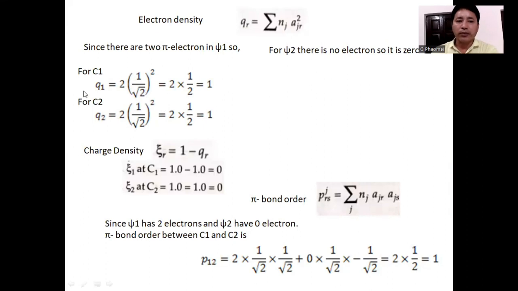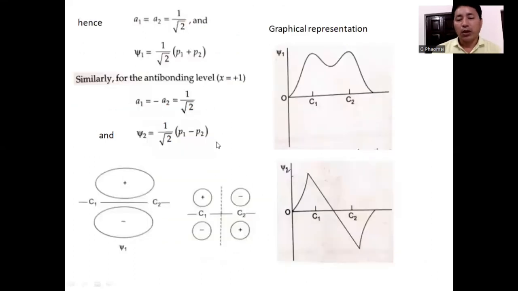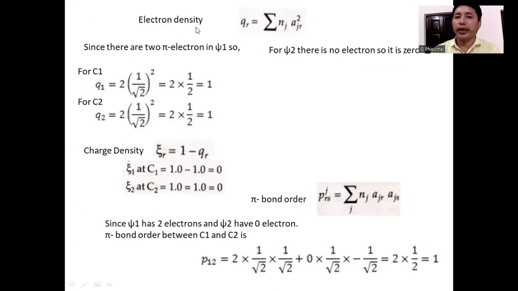So like this, we can determine the electron density. If you know the electron density, we can determine the charge density, that means 1 minus Q. And pi bond orders we can determine from this wave function. So from this Hückel molecular orbital theory, we can find the wave functions of the Hückel molecular orbitals, and finally we can determine the electron density or charge density or pi bond orders.